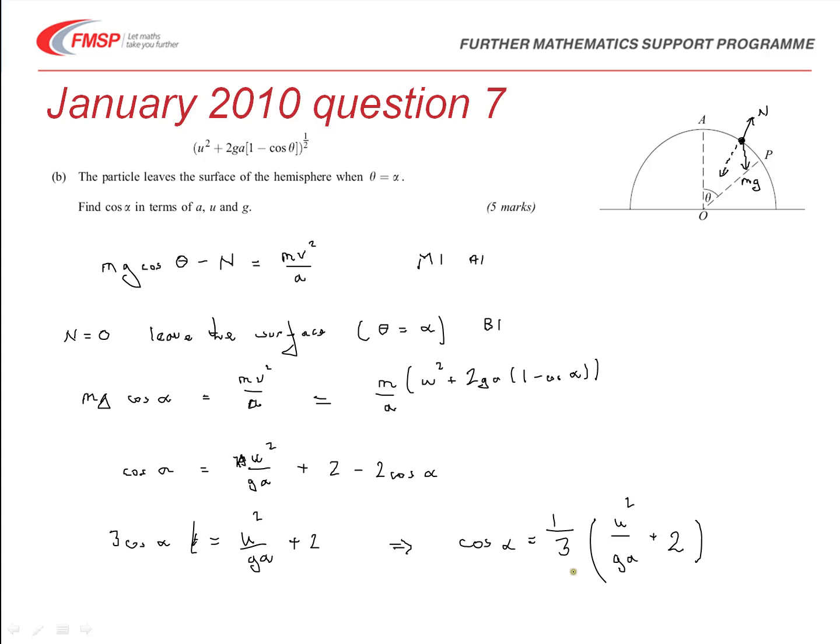And again a method mark for obtaining this next expression here with the alphas in place of theta and substituting the v squared term, and then for working through to the final expression correctly gives you the final mark. Yeah, and that's your 5 marks.